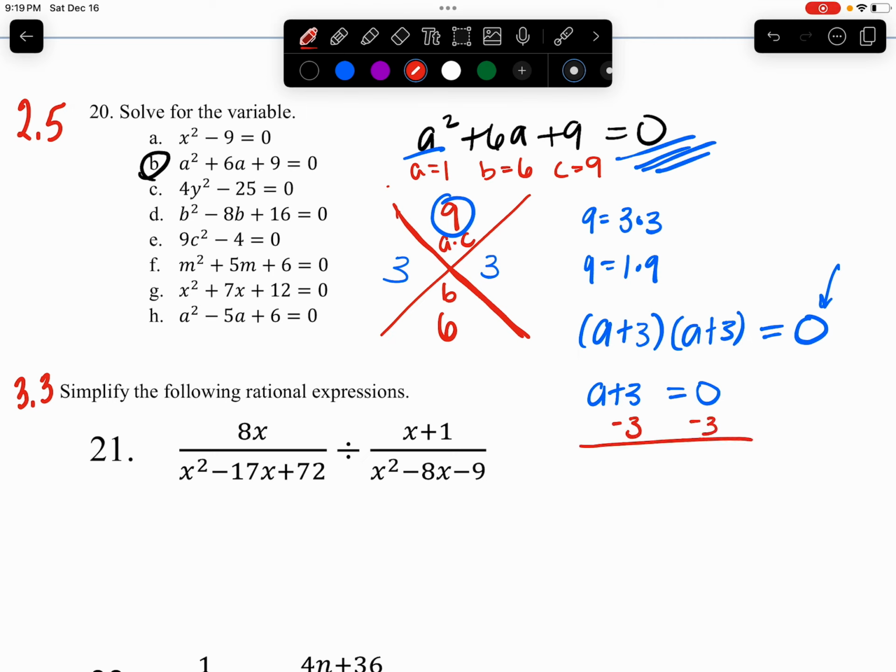Subtract 3, a equals negative 3. And notice here that a equals 1. Make sure that if a is greater than 1, you divide by that number, whatever it is.